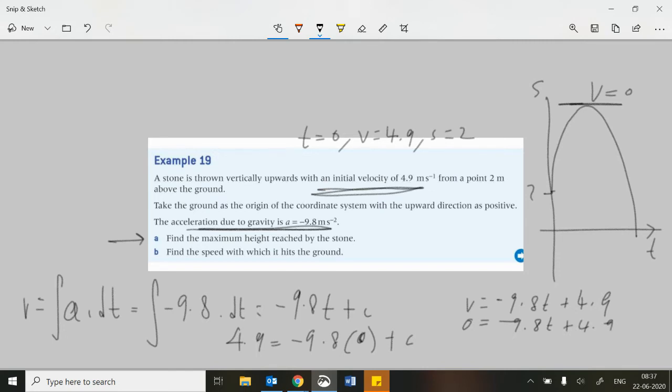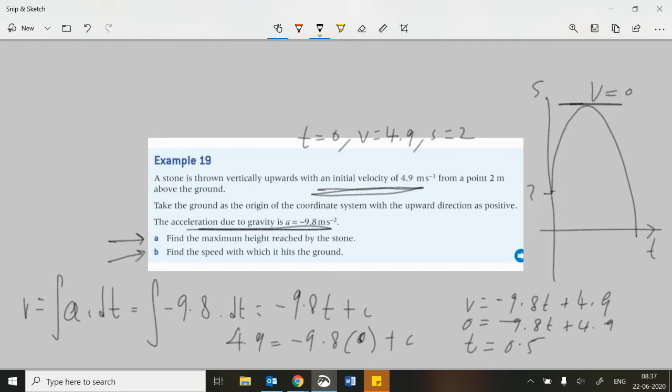And I think the answer to that, if I solve that, you can do the solving, is 0.5. So after 0.5 seconds, which would make sense, wouldn't it? Because 4.9 is half of 9.8, so we will lose that in half a second, because we will lose 9.8 meters per second every second, so we will lose 4.9 in half a second.